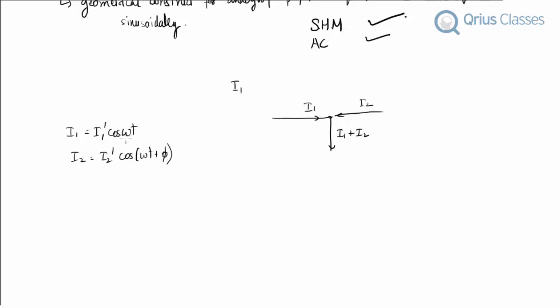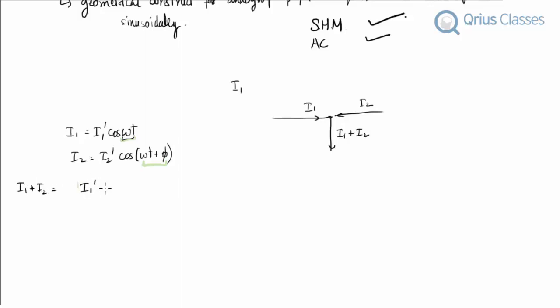That is, both of them have the same angular frequency, but different phases. The phase of the first is omega t, and for the second one the phase is omega t plus phi. So what will be the value of I1 plus I2? That's our question.